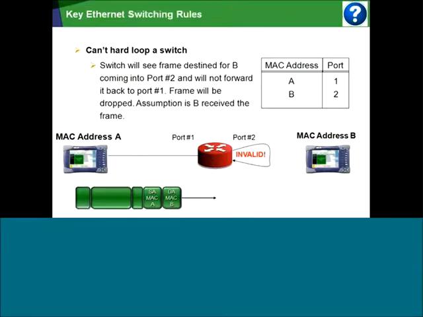The table in the switch will say whatever comes into port 1 will get forwarded to port 2. So if the destination is B, it will get forwarded to port 2. Now, if that frame comes back with that same source address and MAC address, the switch will say, well, I've already forwarded that, so we'll drop it. The assumption is that B received the frame. So that's an extremely invalid test.